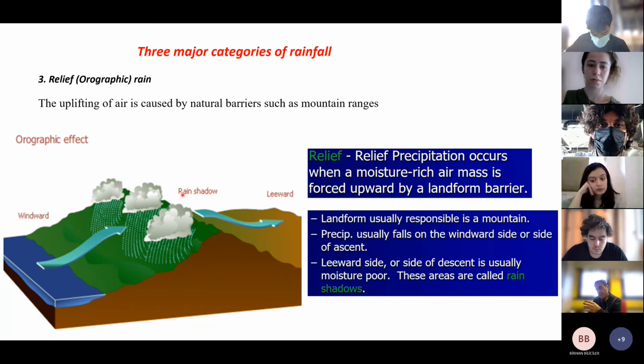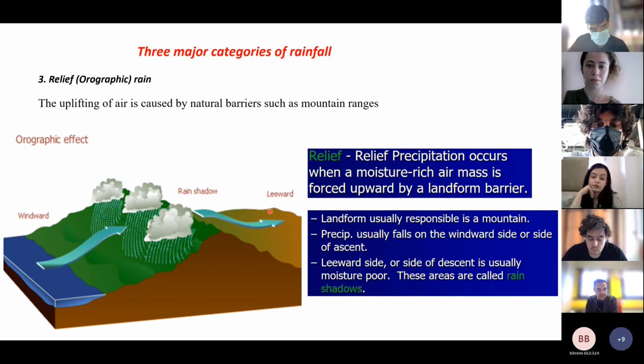Therefore, the air which moves to the other side of the mountain has no moisture, and therefore there is no cloud, and this part is called the rain shadow side or leeward.